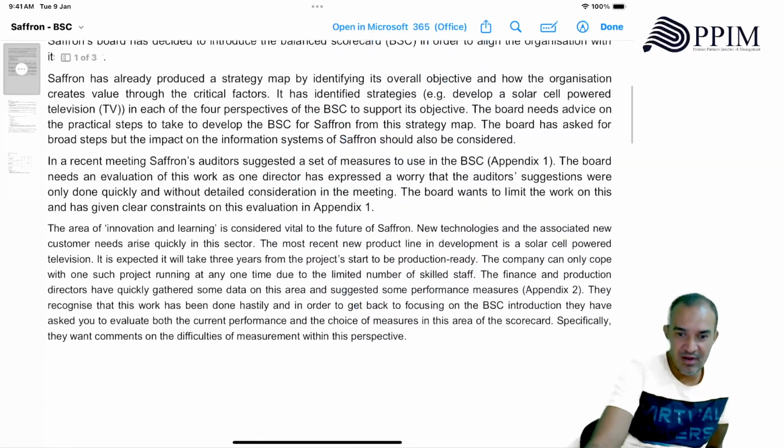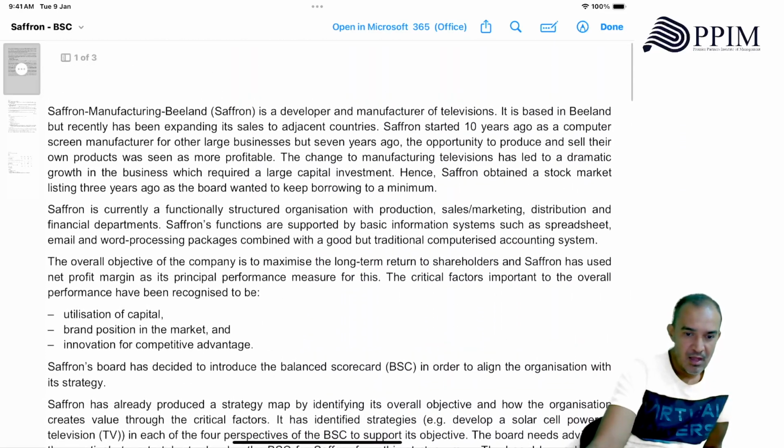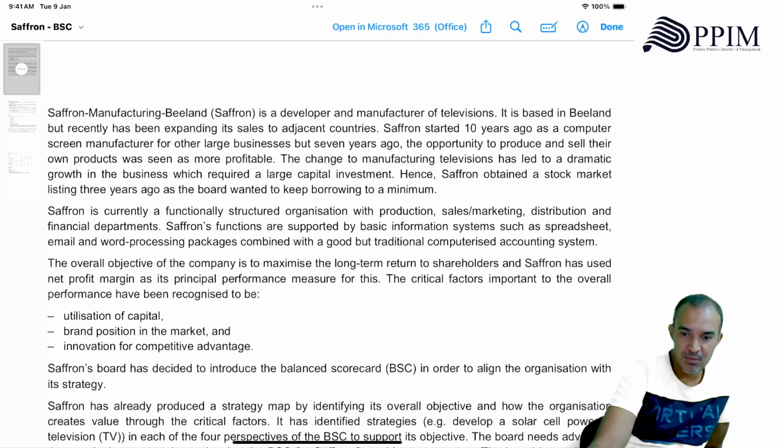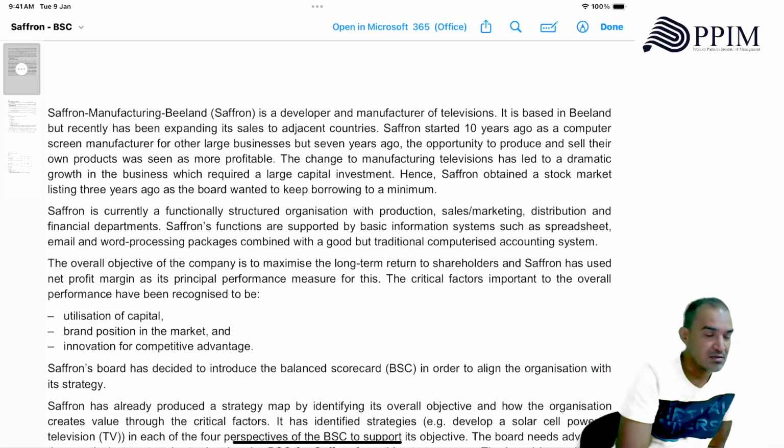Now there you can give an example. You see, they say overall objective of the company is to maximize long-term return to shareholders, and Saffron has used net profit margin. NP margin is short-term.